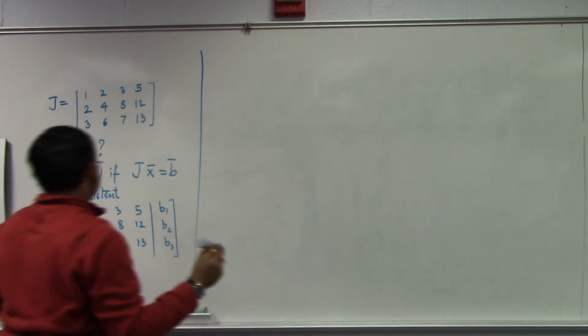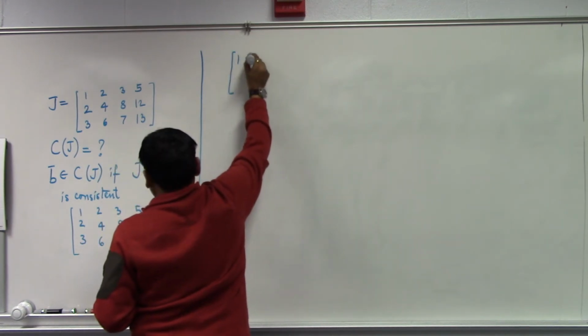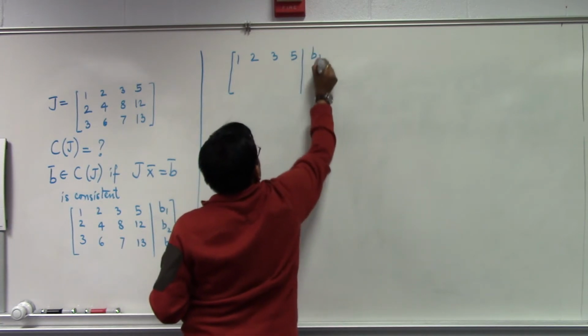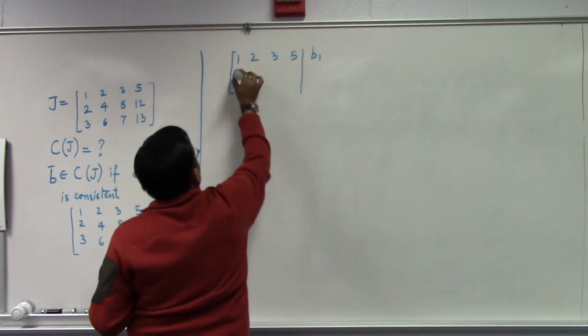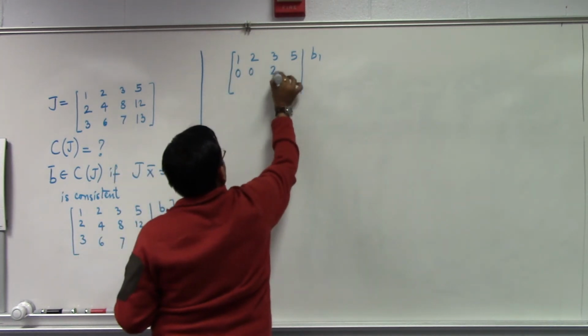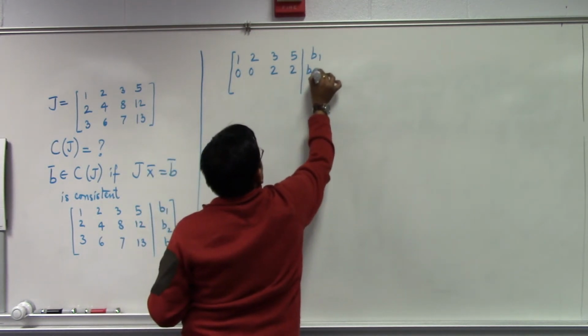So if I do the row reduction, I will get the following. I'm not going to write down the row operations, I'll just tell what they are. So minus 2 times row 1, then added to row 2. So this will be 0, this will be 0, this will be 2, this would be a 2, and this would be B2 minus 2B1.